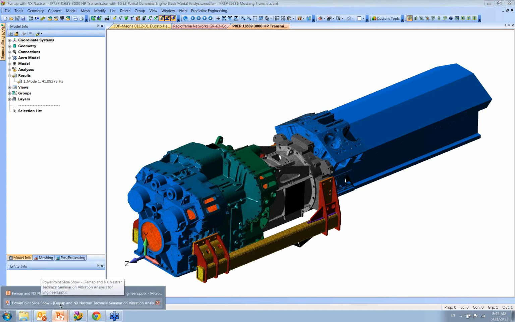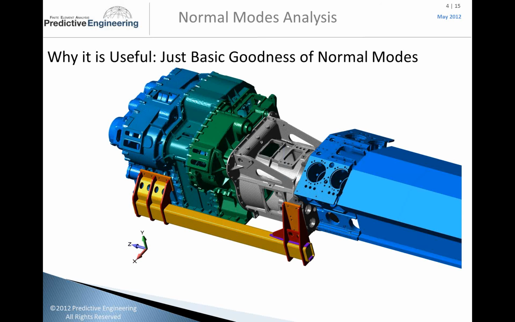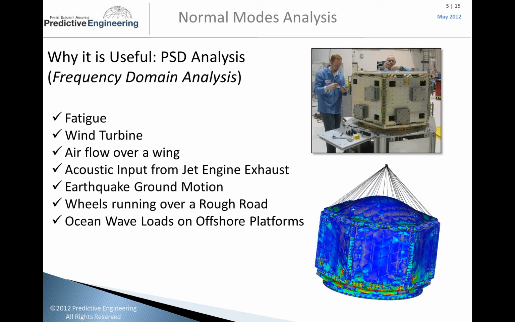Okay, back to this. Once you have a good normal modes analysis completed, then you can start leveraging it. One example is doing a power spectral density analysis, and that's common in aerospace. It's all over the place. Rocket launches where you have this white noise spectrum, with all the frequencies combined going all over the place.